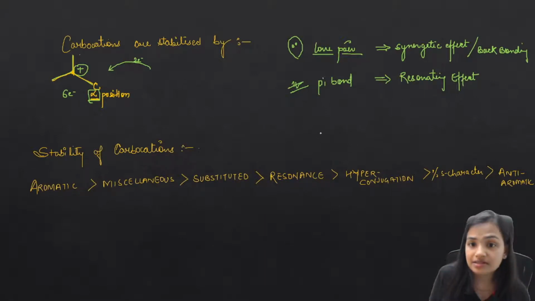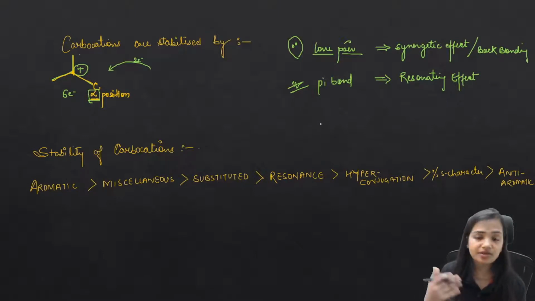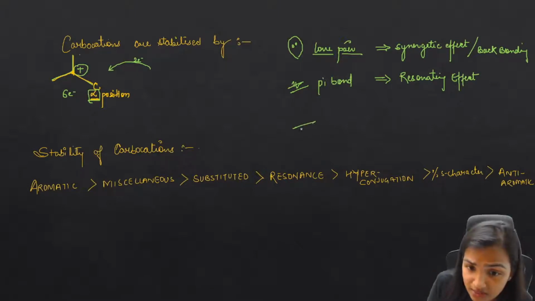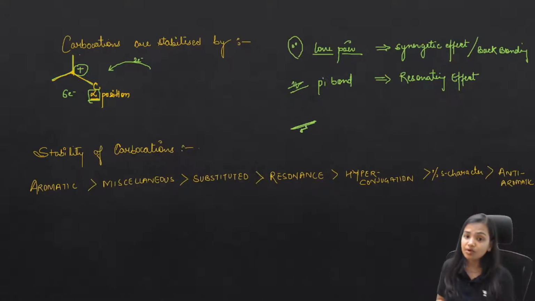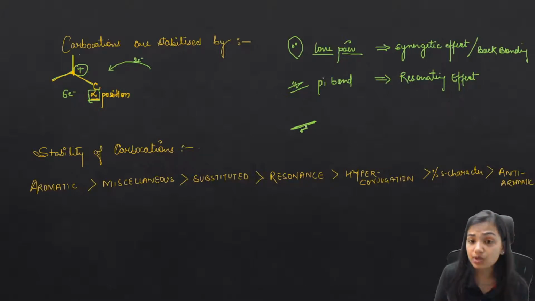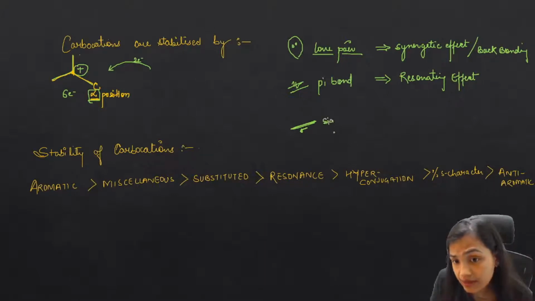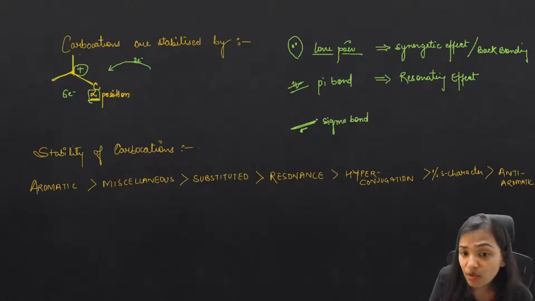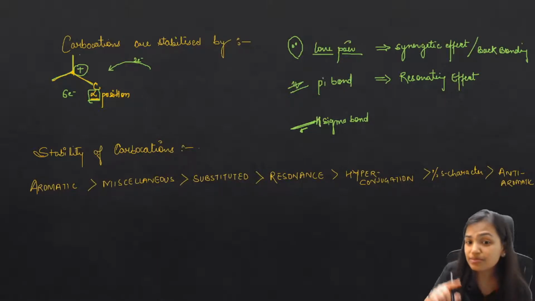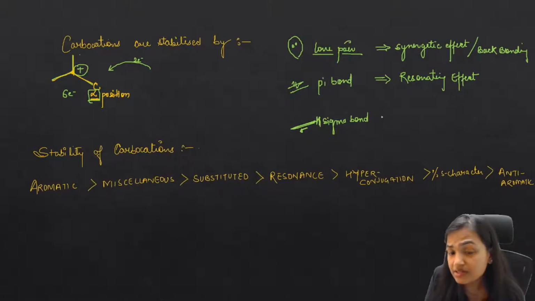The third factor is, if you don't have any lone pair and you don't have any pi bond, you might have a sigma bond. So what happens in the case of a sigma bond? The sigma bonded hydrogen, if you do have it, will stabilize the carbocation by the effect known as the hyperconjugating effect.